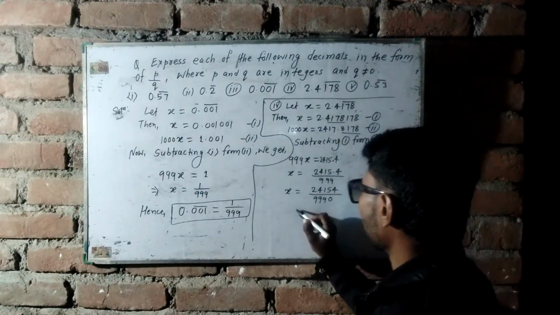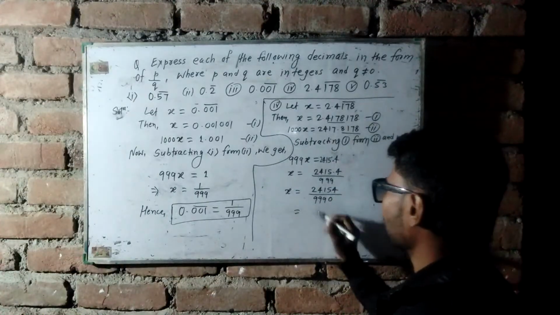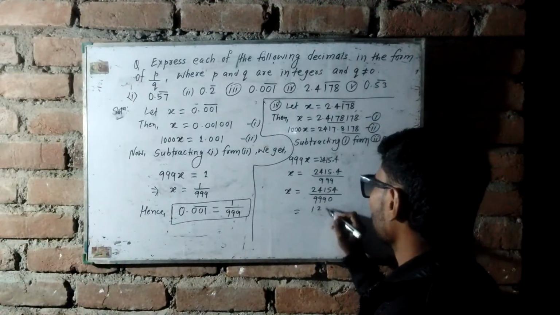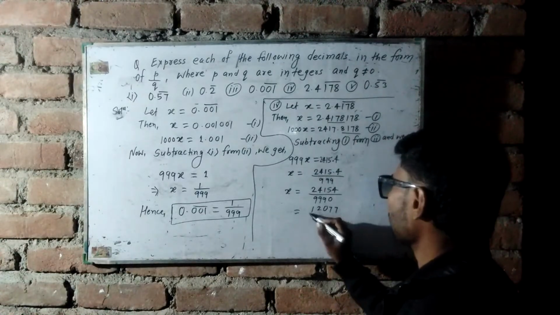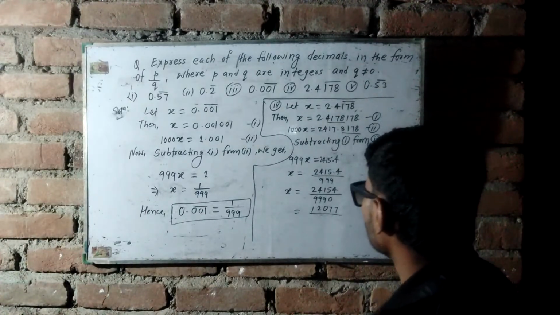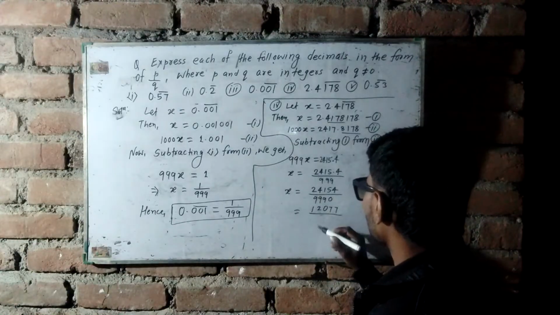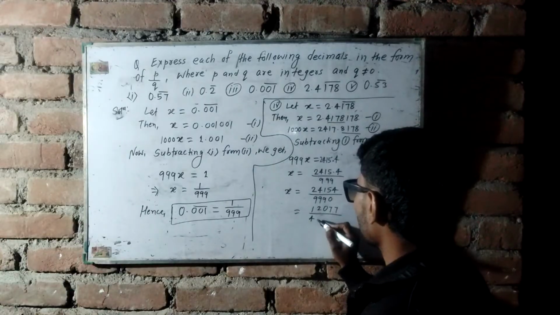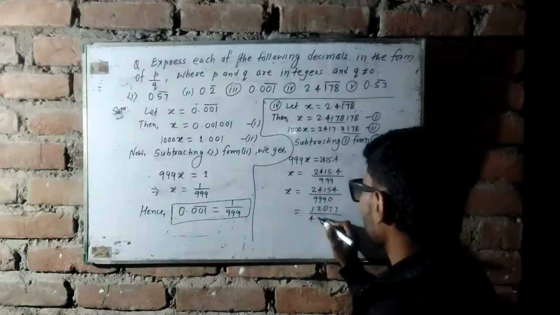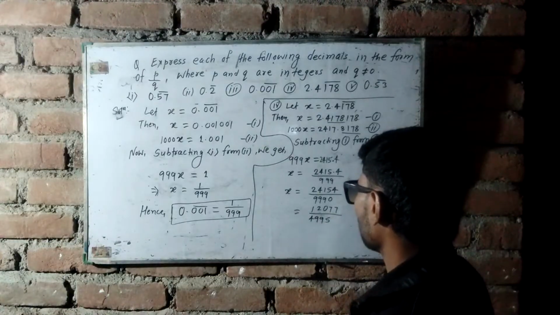After cancelling numerator and denominator by 2, we get 12077 upon 4995.